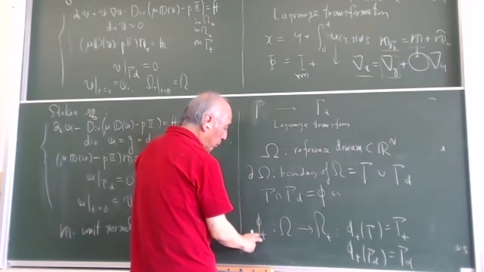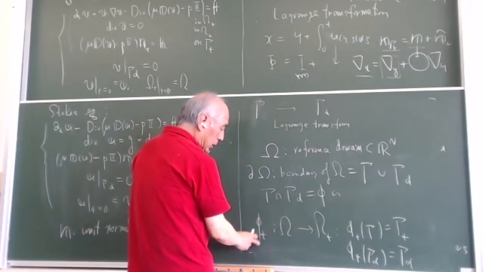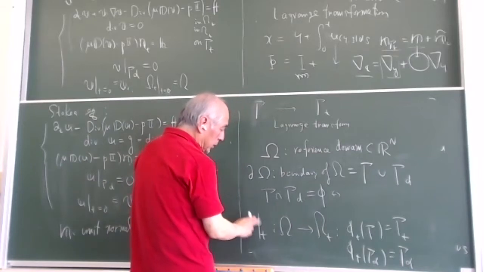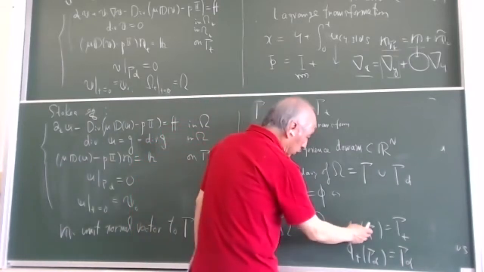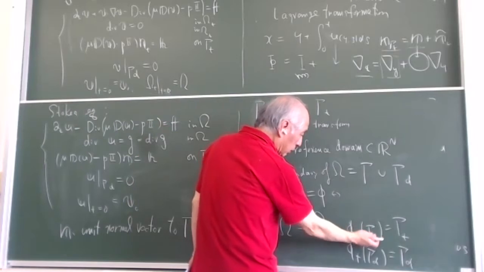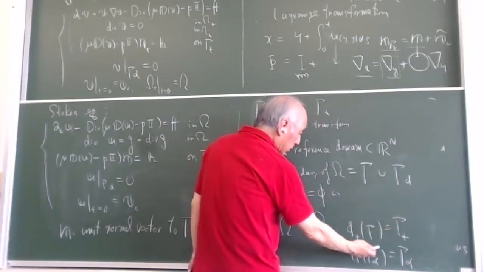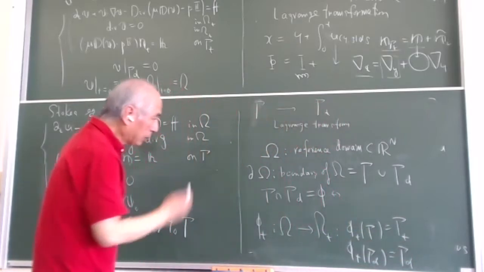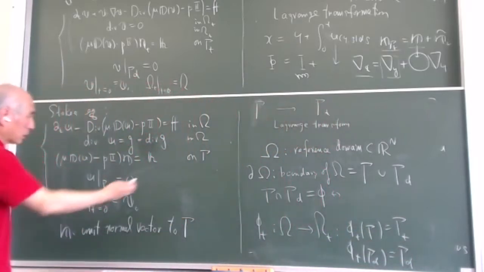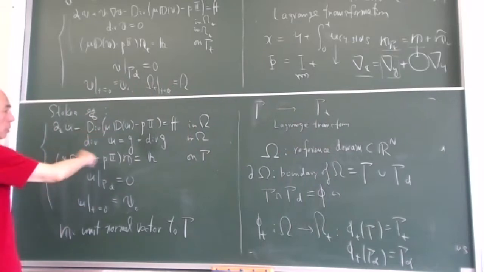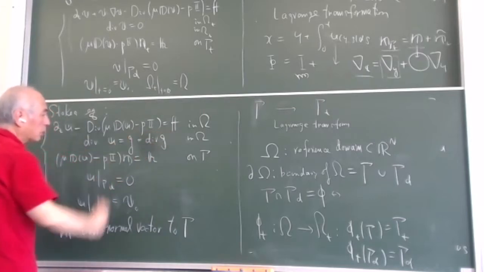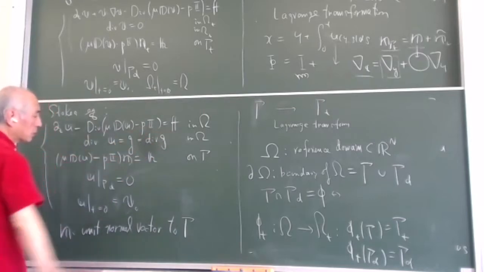Then the image of Omega under this map is Omega sub t. This map takes gamma to gamma t, but gamma d is a fixed part. Anyway, then with the pullback you get this kind of equation. There is no linear term.